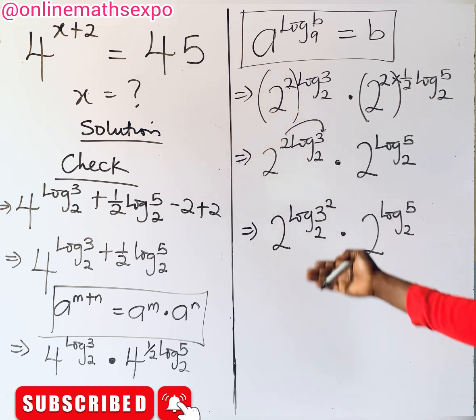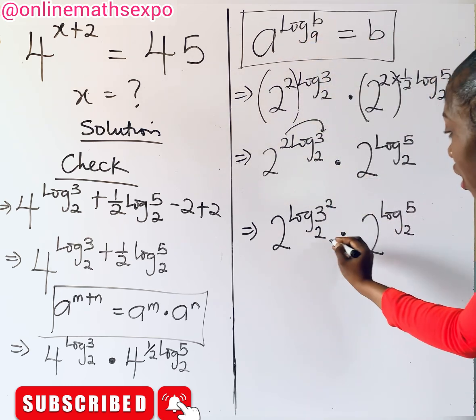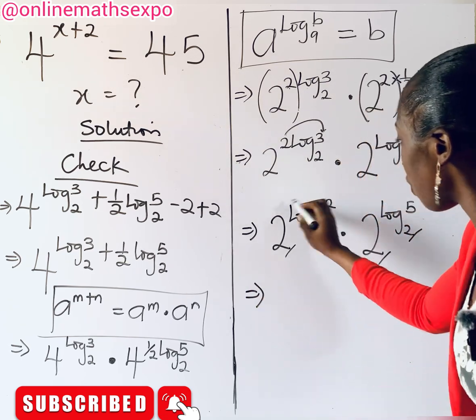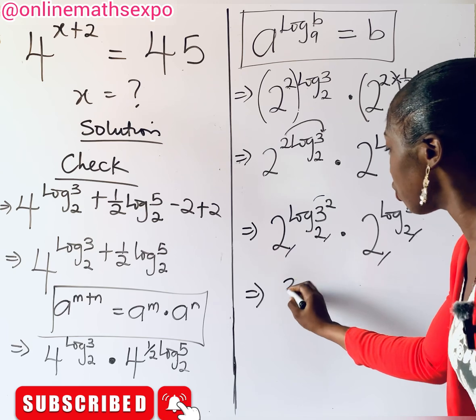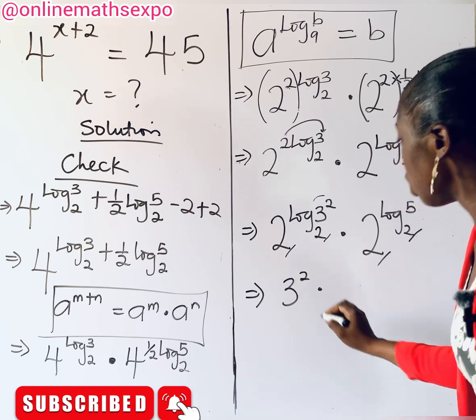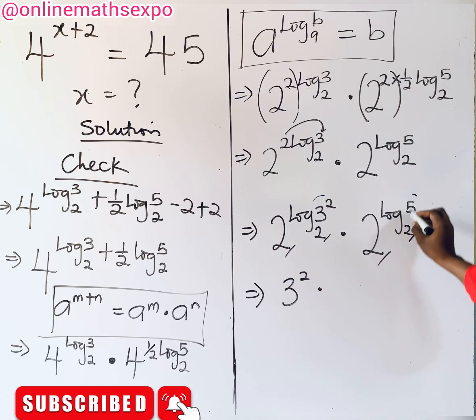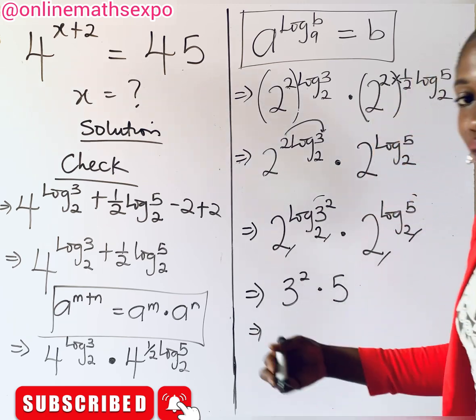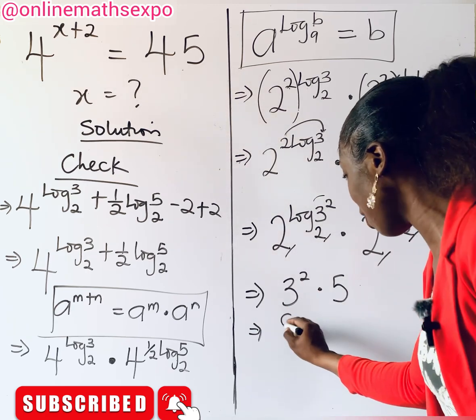We have been able to put this in this form where this base and this base are the same, and this and this are the same. So let's gather them. So for this becomes our value, 3 raised to power of 2 is multiplying. For this we have 5. Did you see that? And you know that 3 raised to power 2 is 3 multiplied 2 times to give us 9.